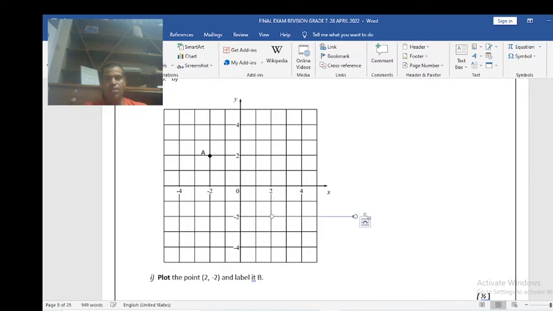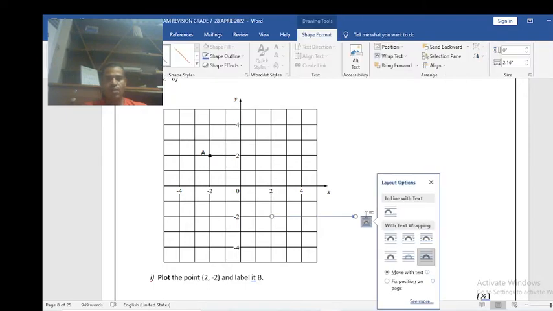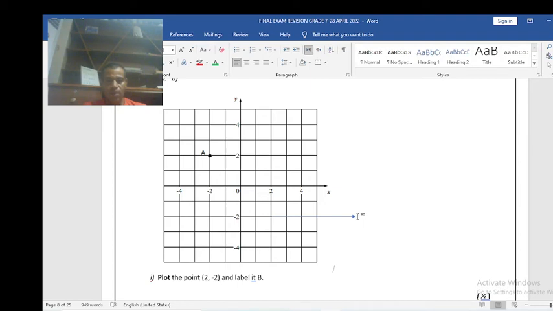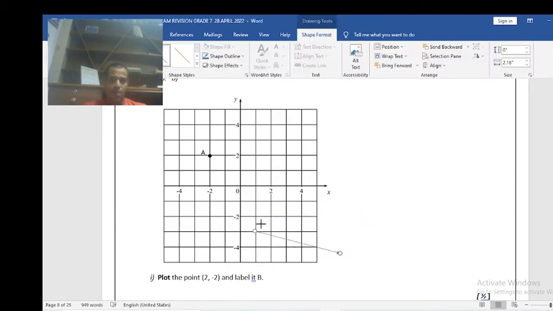This is the point B, learners. I should plot this point here, and you should label it B.